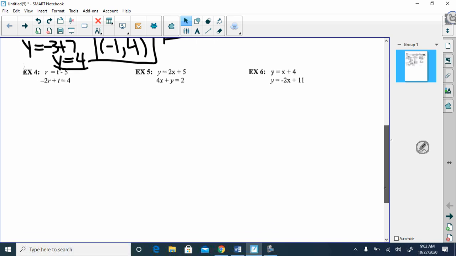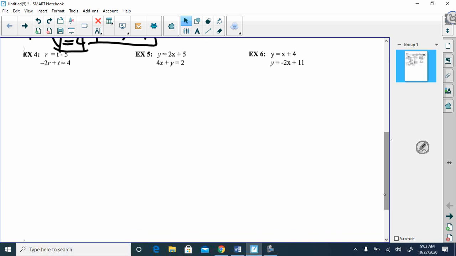All right. Example 4. We have r equals t minus 5 and negative 2r plus t equals 4. So since the top one has already got the variable by itself, we must be plugging the top one into the bottom. Very good.